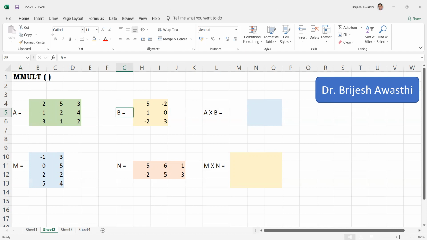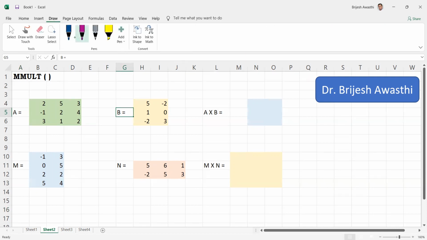Now, if you see, the order of the first matrix is 3 by 3, and the order of the second matrix is 3 by 2. The number of columns of the first matrix and the number of rows of the second matrix are both the same. That means multiplication is possible.